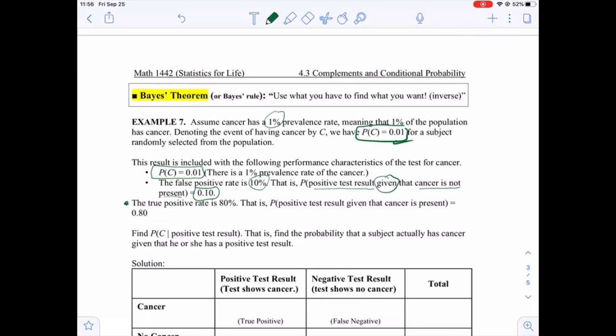And we have another probability here. The true positive rate is 80%. That means the probability of having a positive result given that the cancer is present is 0.8, or 0.80.